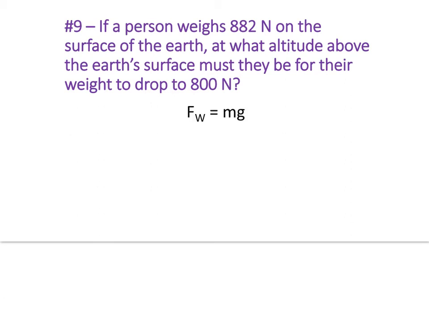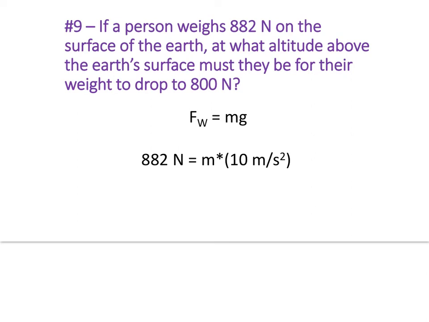So again, we need to remember that weight, or the force of weight, is equal to mass times gravity. We know that on Earth, our gravity is 9.8, or we can use 10. So 882 newtons, the weight on the surface, is equal to the mass of this person times gravity, 10 meters per second squared.